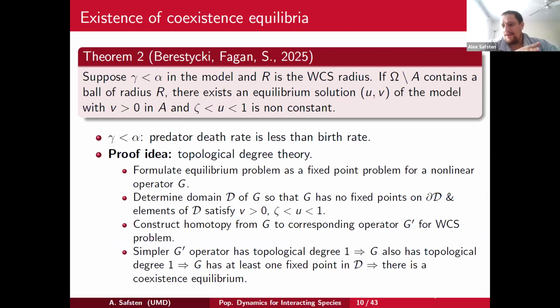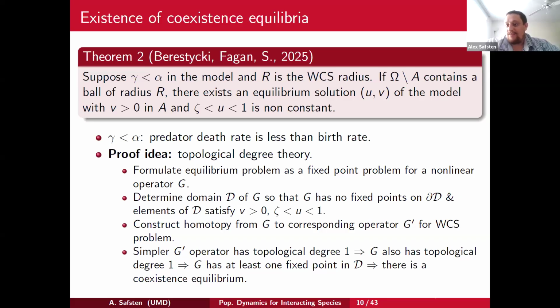A topological degree, okay, we don't need to get into the specifics of what that is if you're not familiar, but it has to do with the character of the solution, or how the operator acts nearby fixed point solutions. And so if the operator has no fixed point solutions, its degree will be 0. But if the degree is non-zero, it will have at least one fixed point solution.